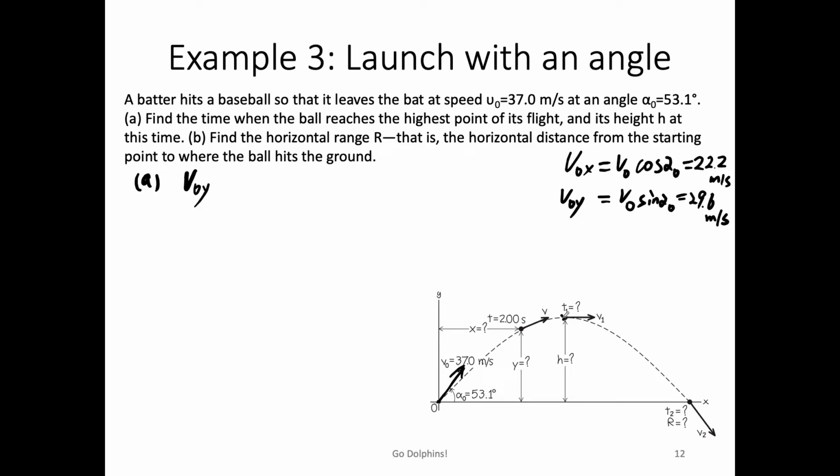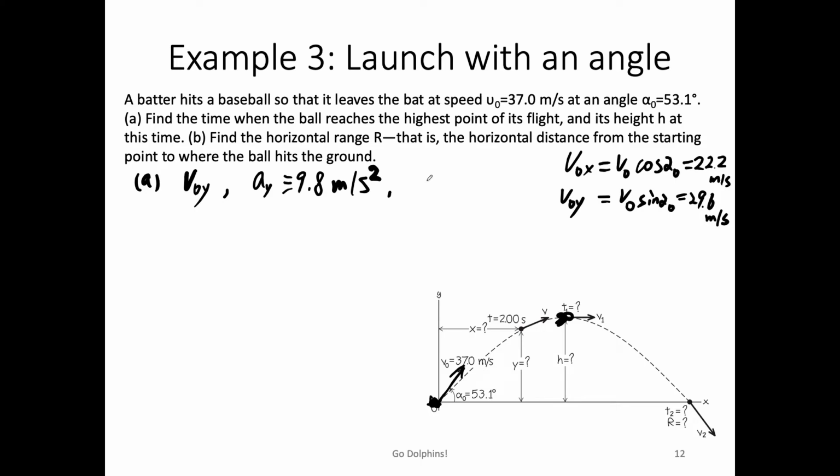The question first asks us how long it takes for the ball to get from here to the highest point. So we know v0y, and we know ay, which is negative 9.8 meters per second squared.